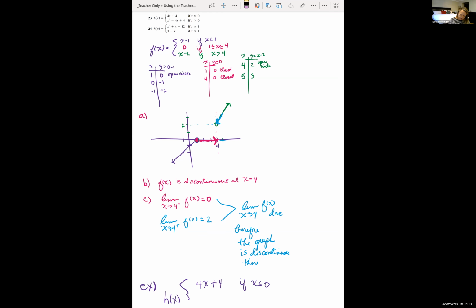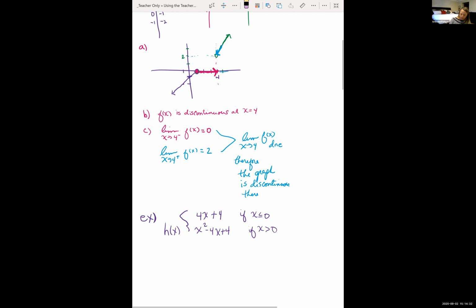And then we're given a quadratic equation, x squared minus 4x plus 4, if x is greater than 0. Okay, so we want to graph each piece. And again, make sure you're limiting your domain for each piece.